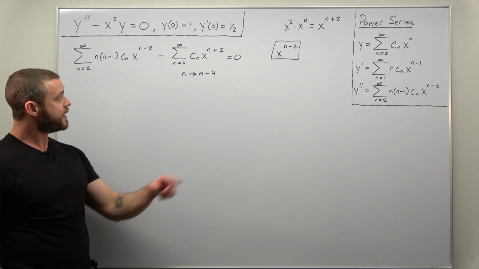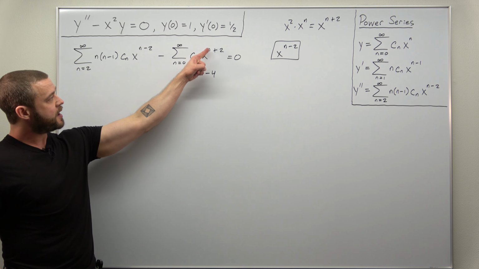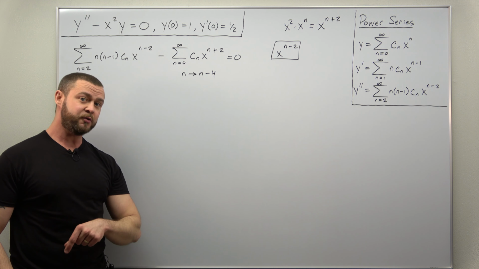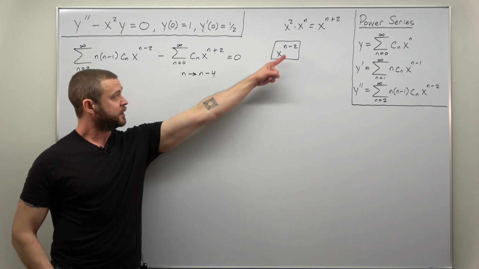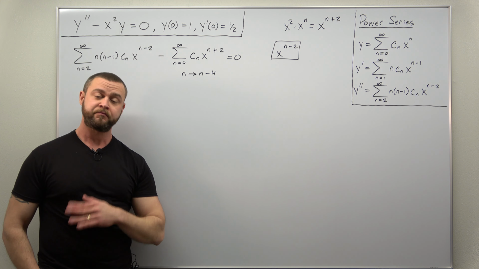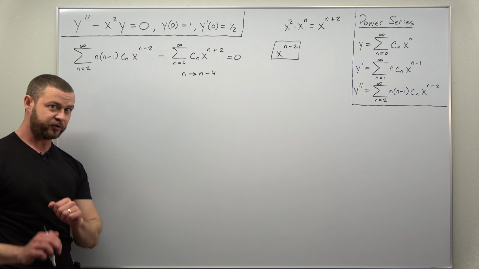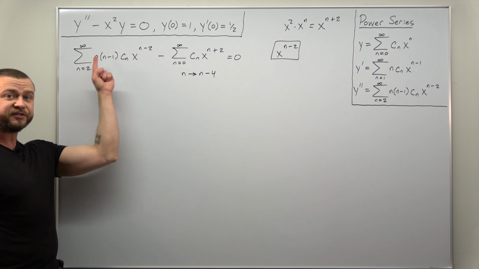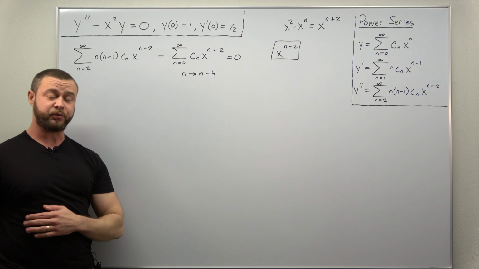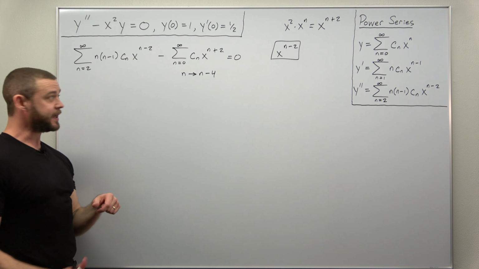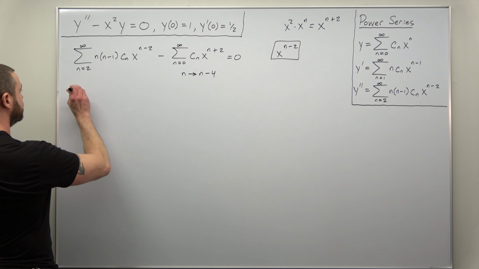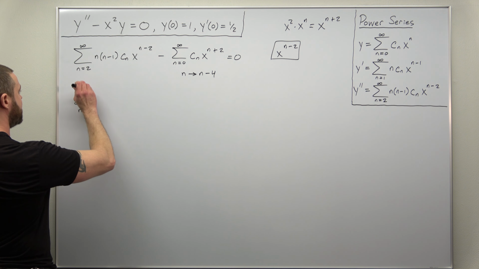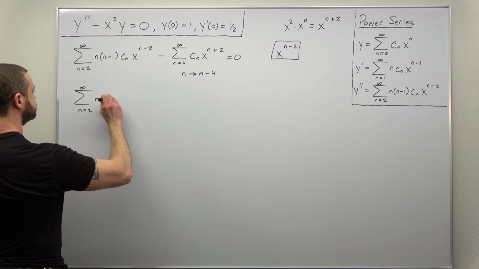And notice if you were to do that, replace that n up there with n minus 4, n minus 4 plus 2 does give you minus 2. All right, so just to be clear, again, we are taking our time. We're leaving this power series alone and only shifting this one. So let's just copy that one down again. So sum still goes from n equals 2 up to infinity.